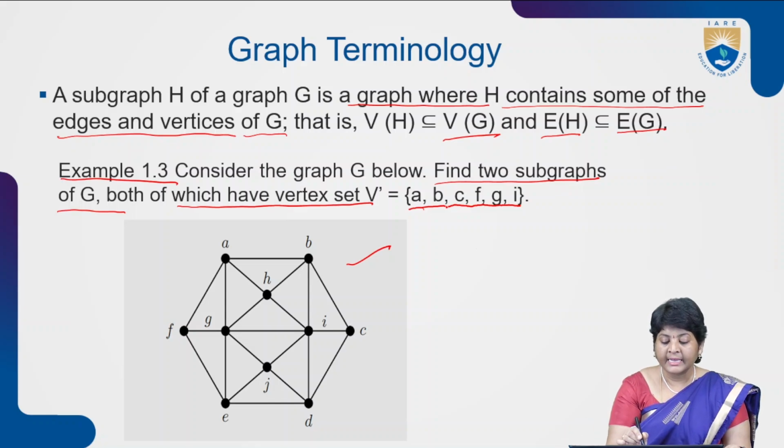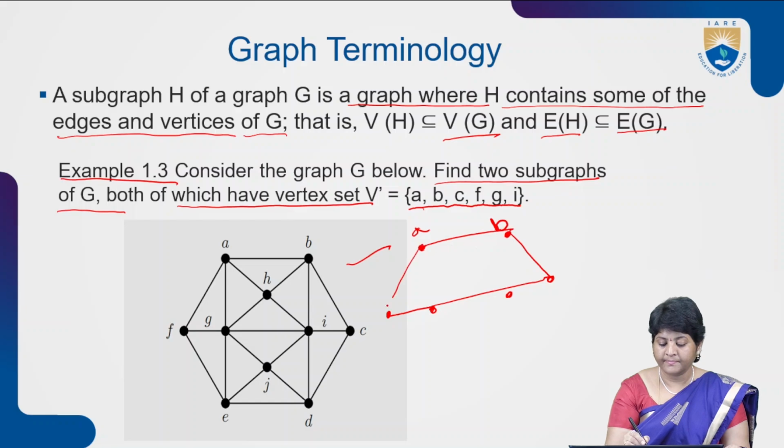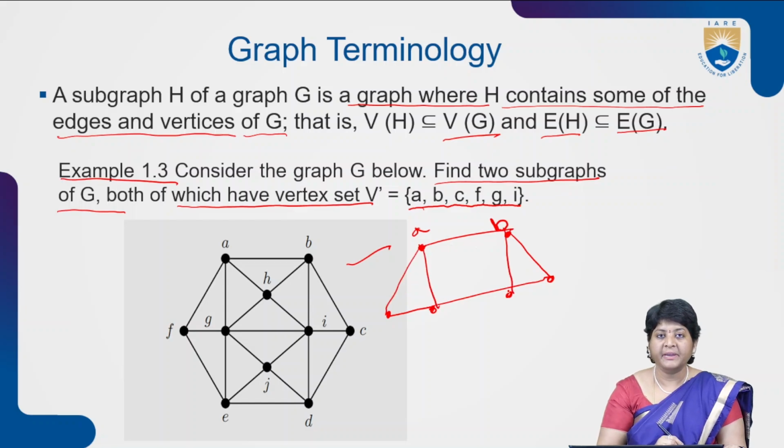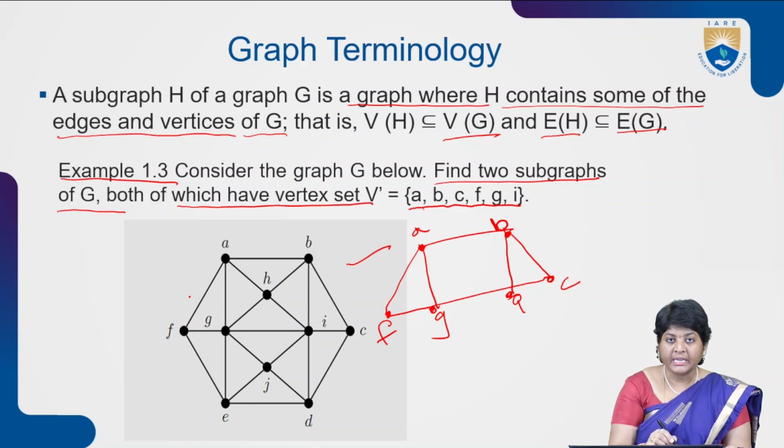So we will see here the induced subgraph with the vertices A, B, C, I, G and F. So this is the induced subgraph in the main graph. The vertices A, B, C, I, G, F are a subset of the main graph.